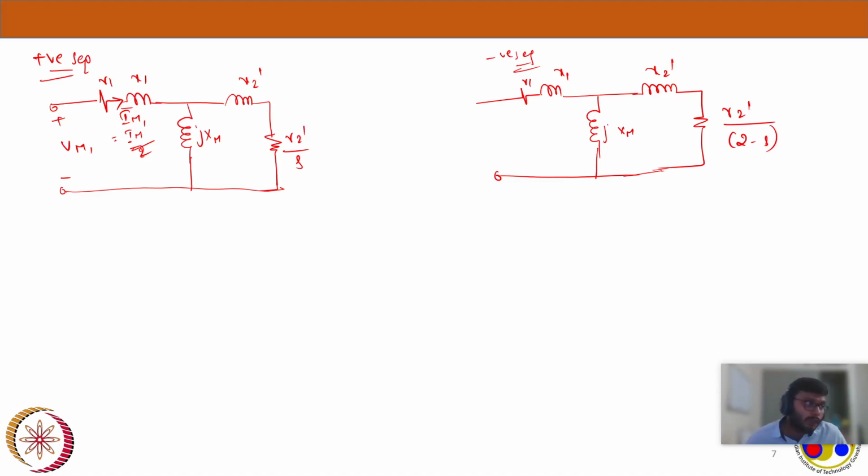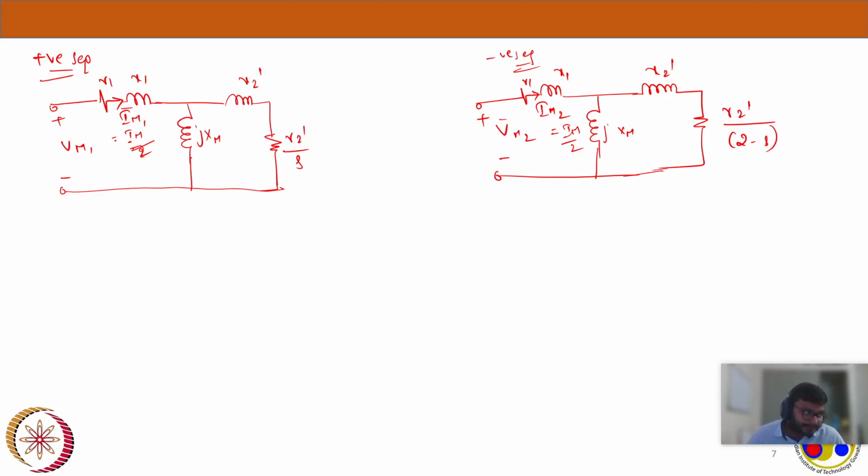The slip is 2 minus S. Again we are expecting a current IM2 to flow when we apply the VM2 voltage. Again IM2 is equal to IM by 2, right? In both sequences, IM1 is equal to IM2. We already assumed the currents to be equal at half, and from the empirical relation we got that, so both currents are equal here, IM by 2 and IM by 2.